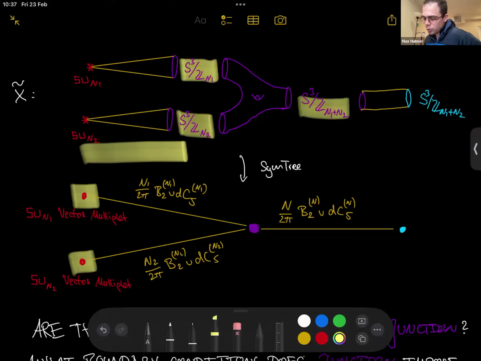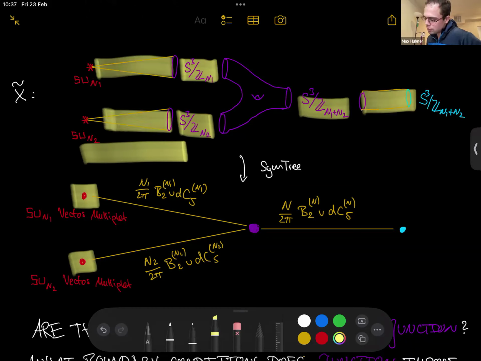And just by doing the standard geometry to SymTFT game for the cone parts here, and here, I learned that there are these branches of the tree, all of which have a copy of B2, and I'm labeling them by N1, N2, and N, the sum of N1 and N2. And so these are the terms on the branches of the symmetry that we're going to keep track of.